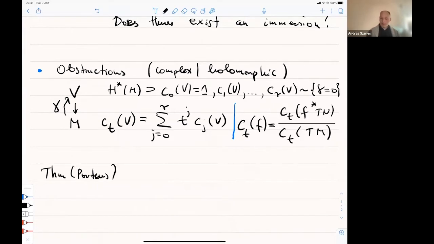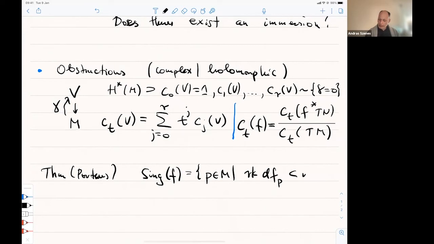And it's the following. So let's now introduce the locus of the singularities of our map F. It's defined again as those points for which the rank of DFP, or DPF, is less than M, so it's not of full rank.